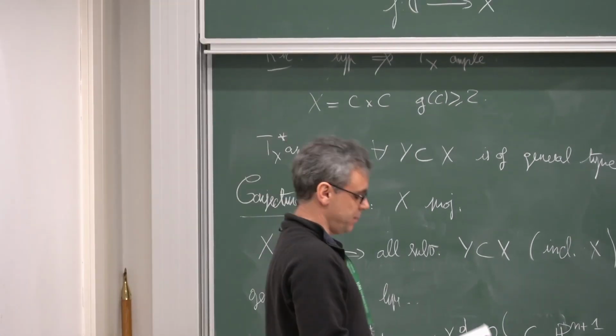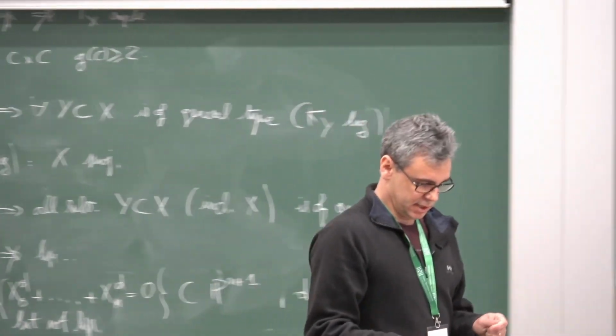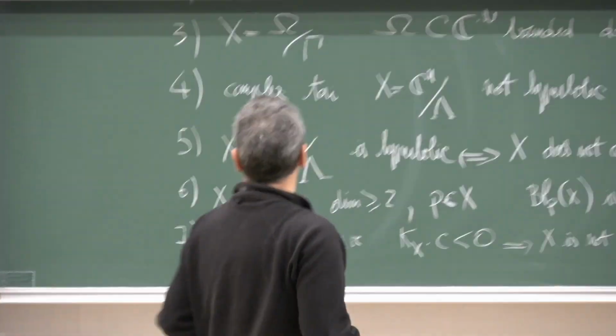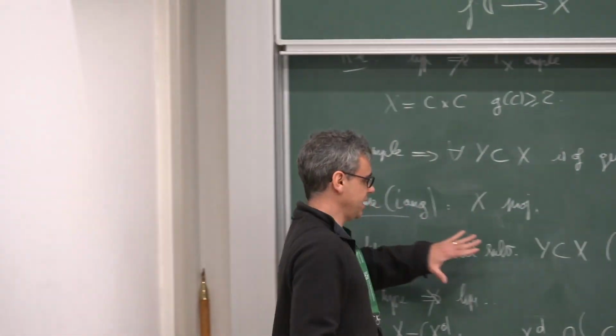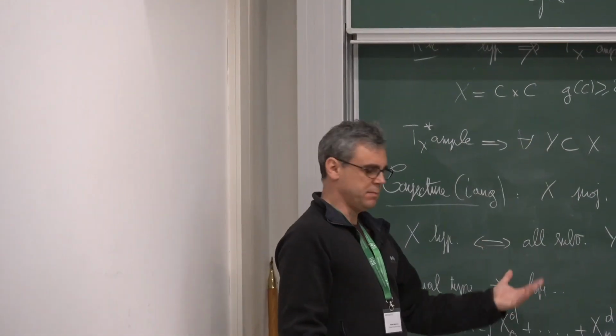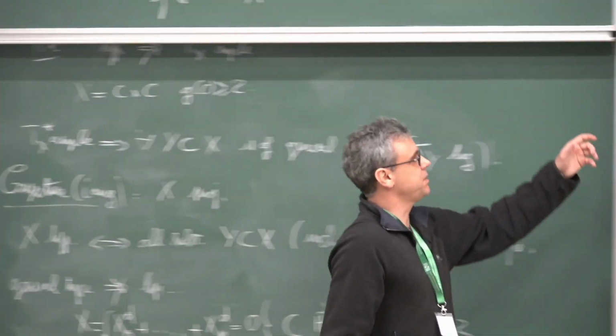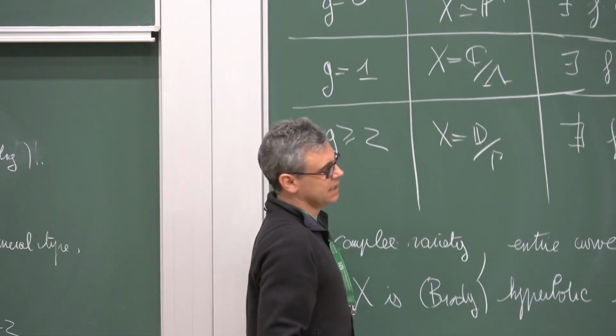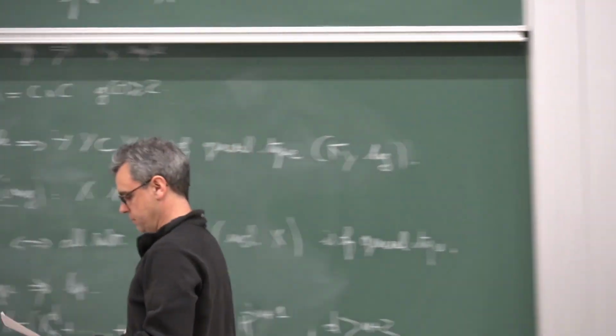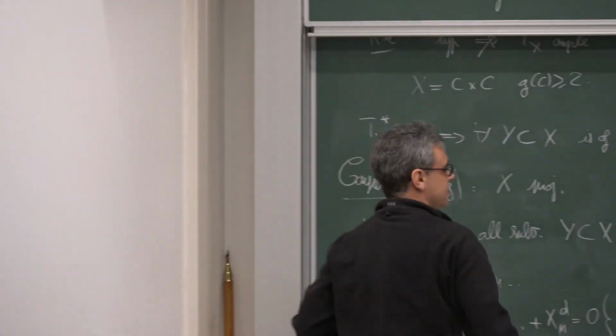Okay, so hyperbolicity needs really strong constraints, but still, you can try to characterize what general type implies, maybe something weaker than hyperbolicity. And this is what people conjecture.